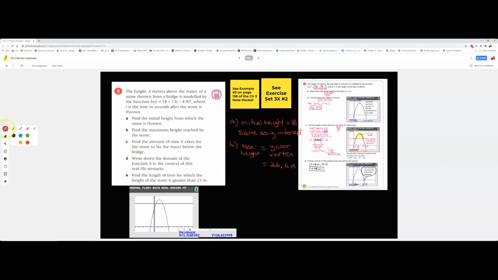Okay, so we got our first two answers. We got A, initial height, 18. And then our max height is the y-coordinate of the vertex, which was 26.3.